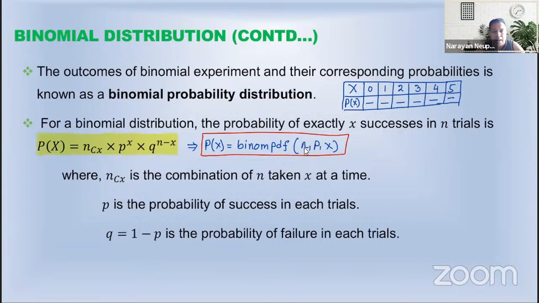N is the number of trials, p is the probability of success, and x is the number of successes we are calculating. So make sure you add this formula to your note catcher. P of x equals binomialpdf, parenthesis, n comma p comma x.